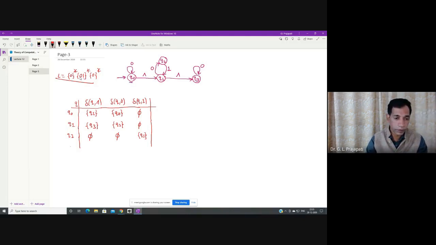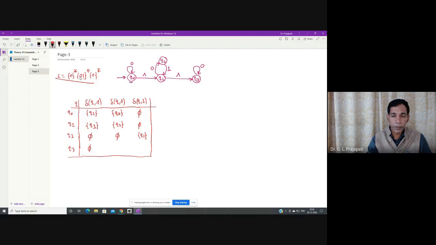Now you are at Q3. Whenever you are at Q3, you don't have the null transition, so delta of Q3 on null is empty.